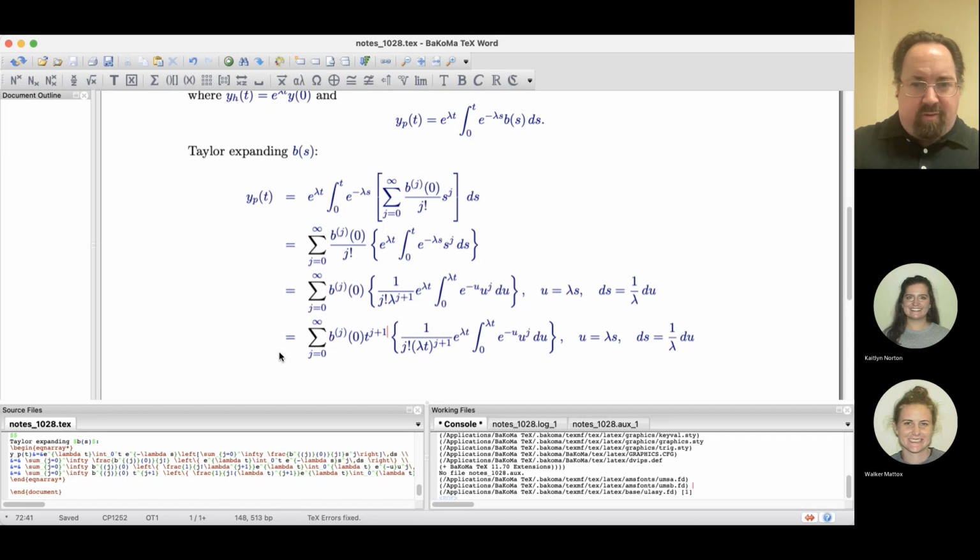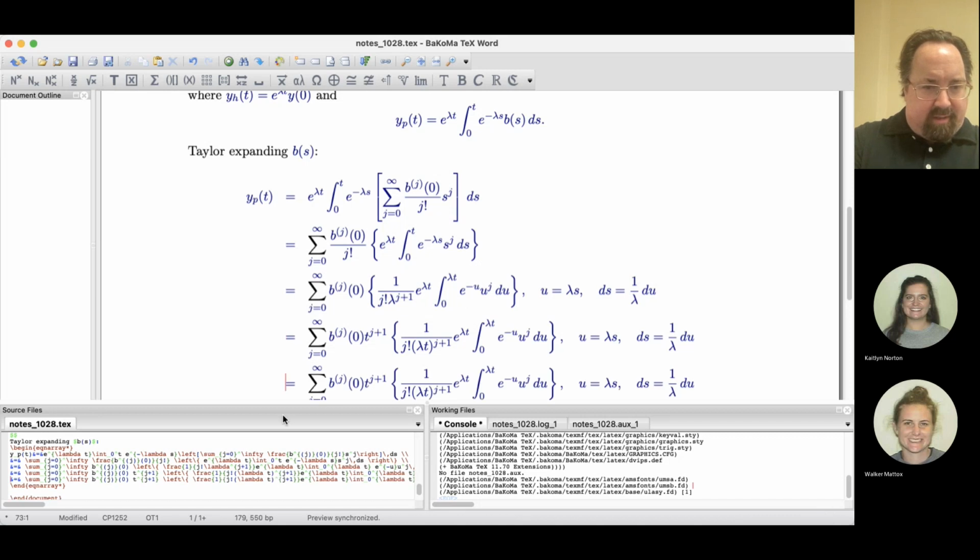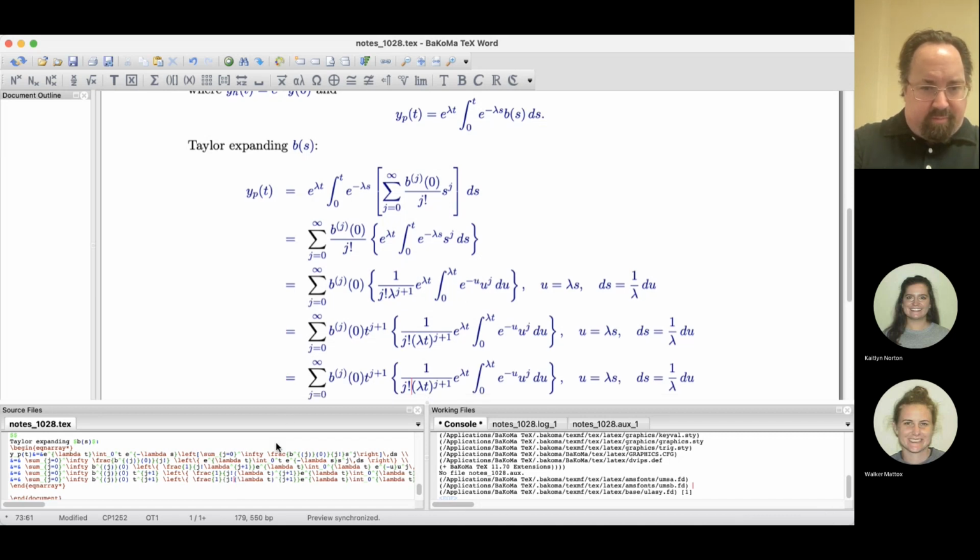Now, as a shorthand, notice I have lambda times t in a few places. So I could create a new variable to replace that with, just to shorten things. Okay.